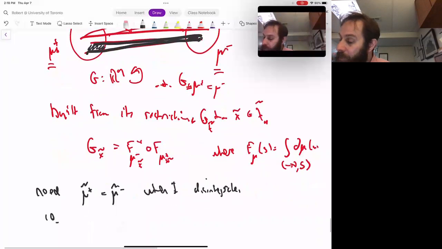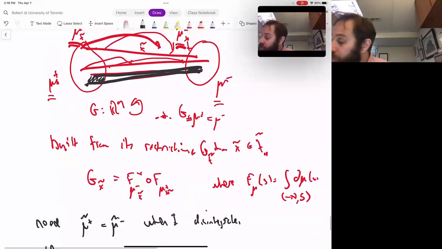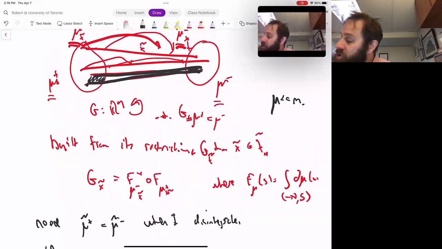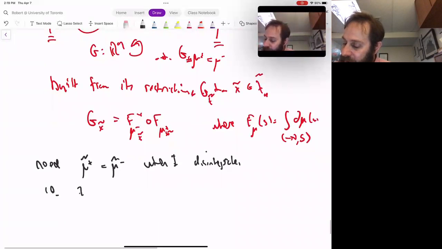I.e., remember, when I disintegrated a measure mu that was absolutely continuous with respect to m, the conditionals of mu were the conditionals of m multiplied by the Radon-Nikodym derivative, but I had to divide by a normalization constant, and I want that normalization constant to be the same when I decompose mu plus and mu minus.